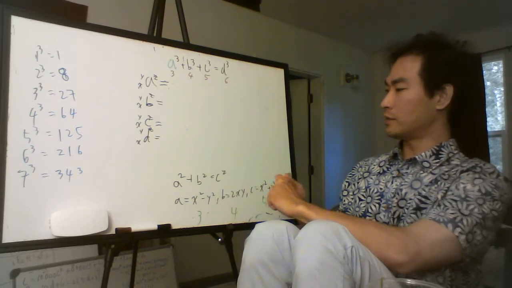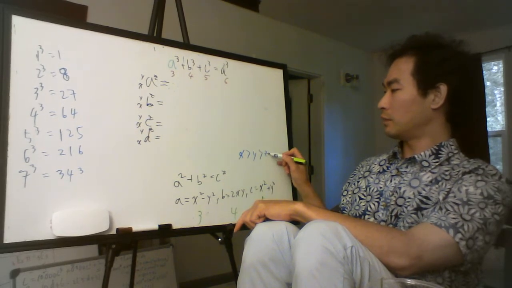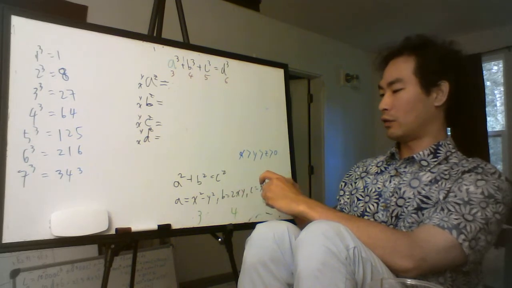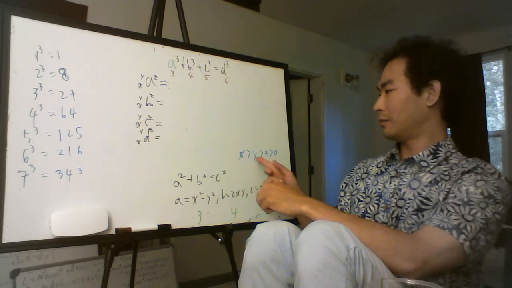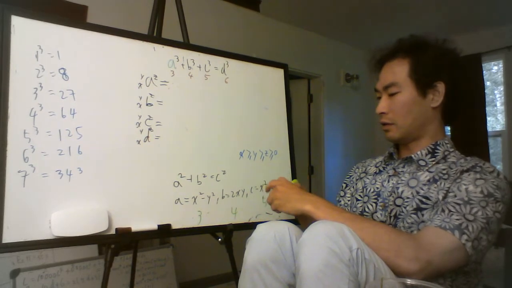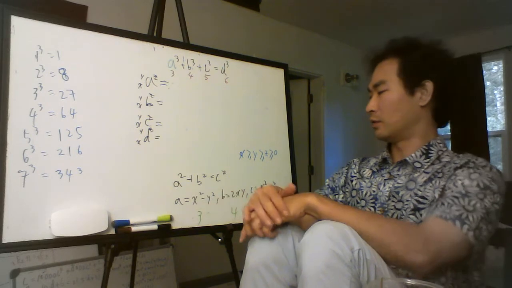What about x, y, z? Yeah, x bigger than y, bigger than z, bigger than 0. Or it could be equal. Yeah, I guess it could be equal. Okay, let's relax the constraint a little bit to make it a little bit easier.